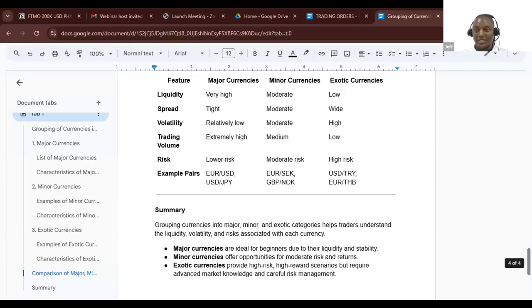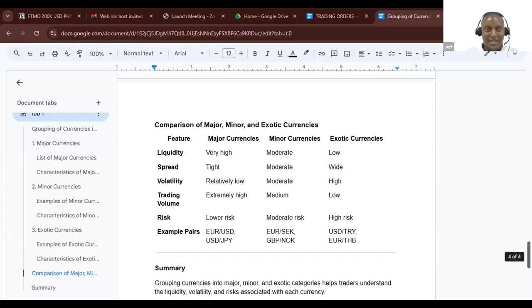Then as you progress and keep expanding your knowledge, you can diversify into a bit of minor currencies, a bit of exotic currencies, and maybe other financial asset classes in your trading journey.